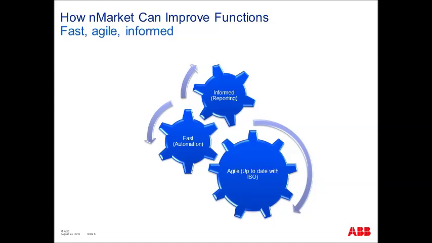How nMarket can help improve those functions is that it can help you be faster. So it's easier to create bids, and you have multiple input capabilities. There's an automation of tasks as well, so you can just have tasks downloaded and many tasks automated. It's agile, so it's up to date with the ISO.